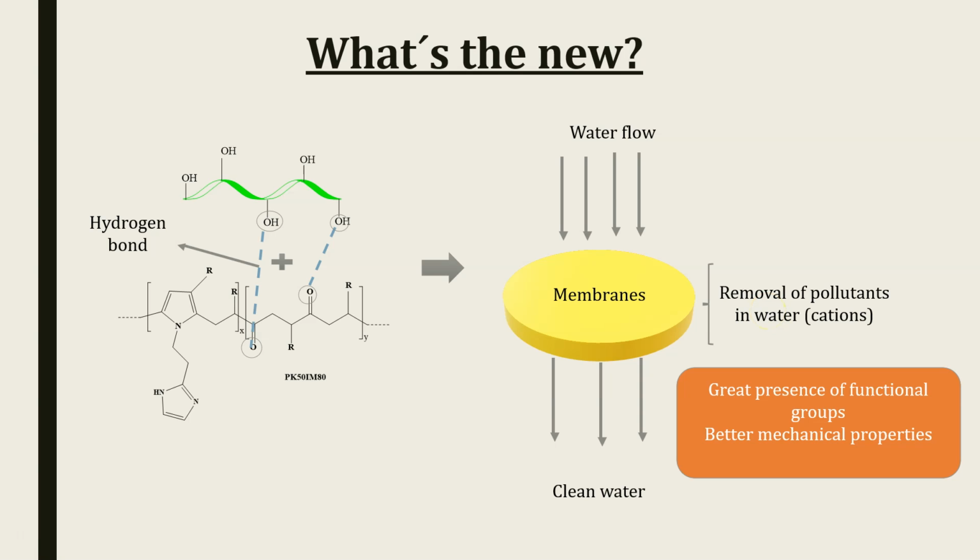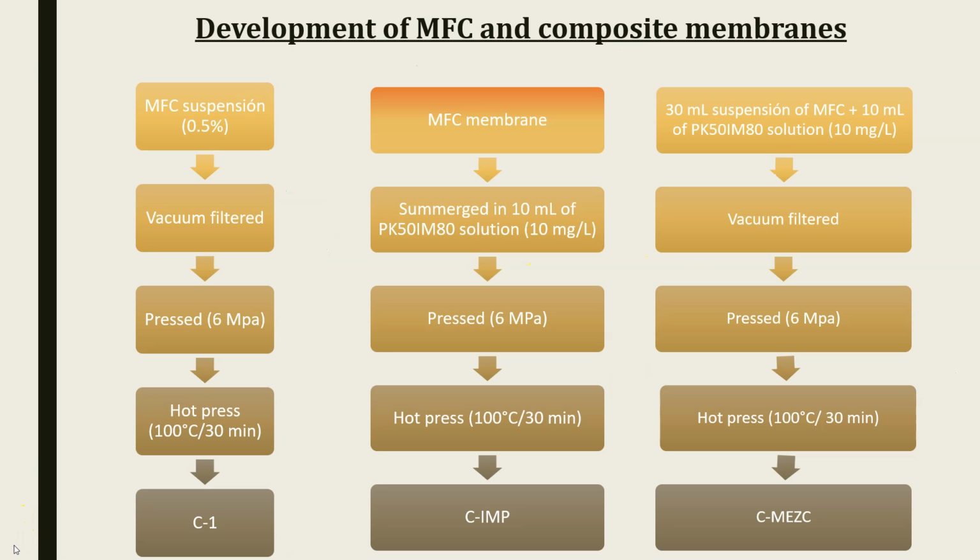Moreover, this composite presents advantages such as a great number of functional groups and better mechanical properties. Now, how did we develop this microfibrillated cellulose membrane and composite membrane?